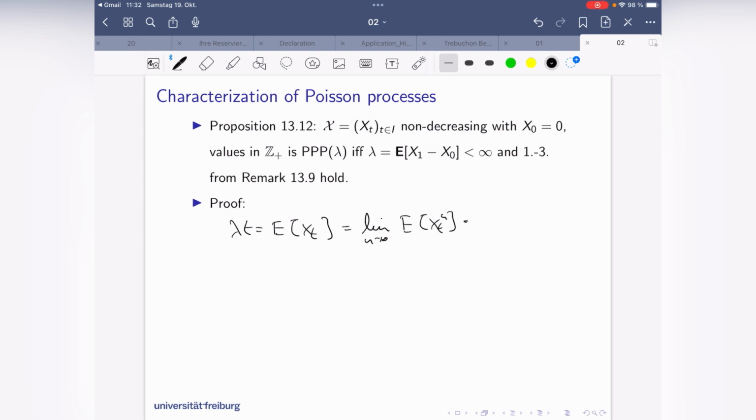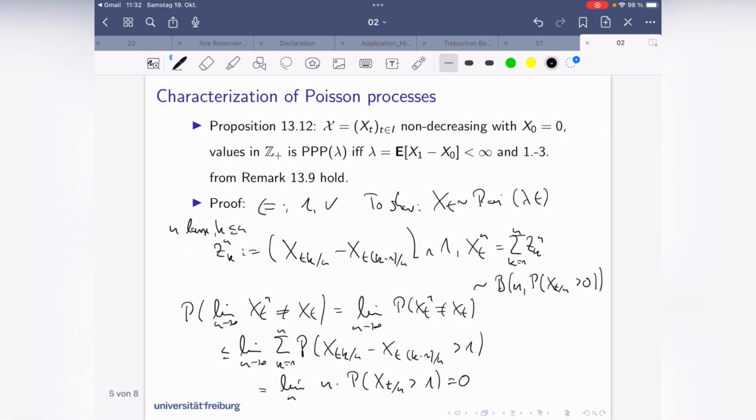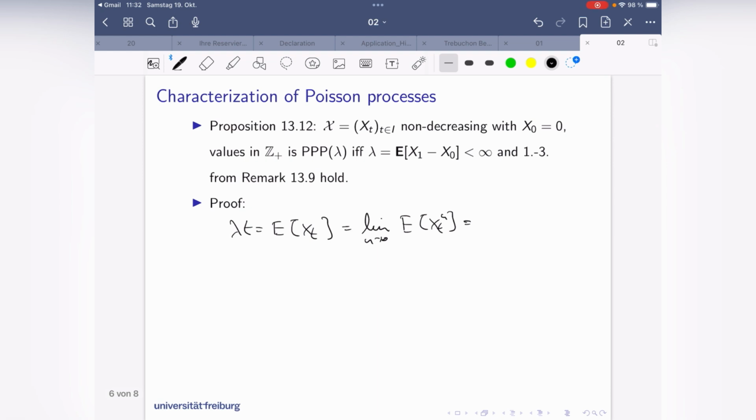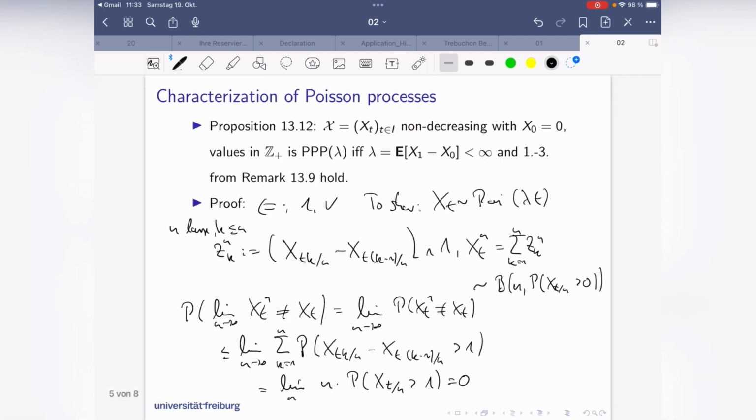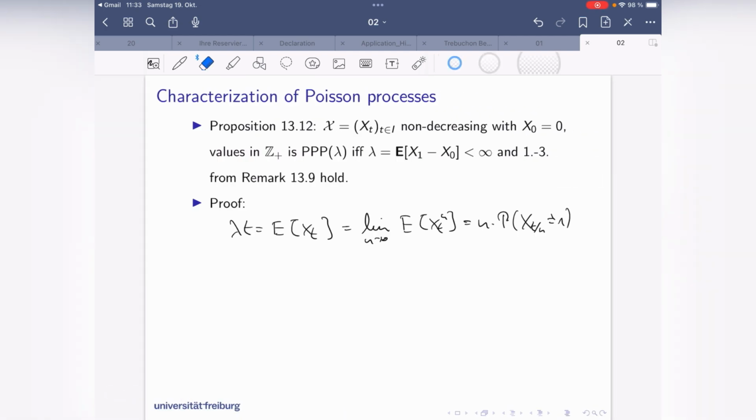And this here is, as we just saw, n times the probability that X_{t/n} equals 1. That's bigger than 1. Doesn't matter. So, let's write it correctly, bigger than 0.